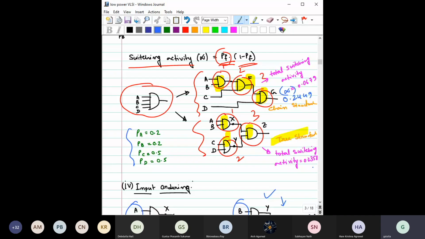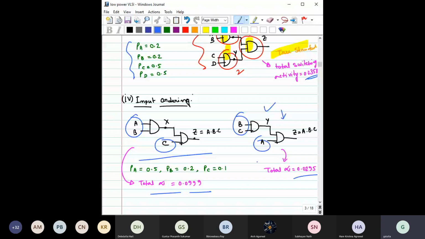We have already written this one and this one, right? So this was the value of alpha. You can see that by simply changing how you implement the same logic, you can significantly change the alpha, and so significantly impact the power dissipation.